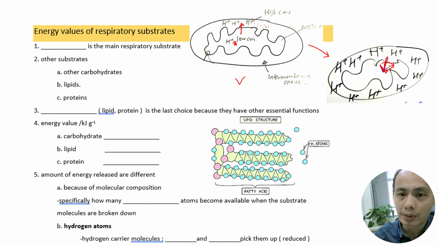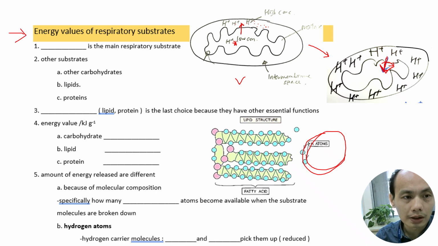Energy is being produced in the form of ATP, and hydrogen ion is being involved. So hydrogen ion or hydrogen atoms are very important. You look at this picture. When a substance has more hydrogen ion or hydrogen atom, it can produce more ATP, because hydrogen ion is being involved. So keep it in mind.